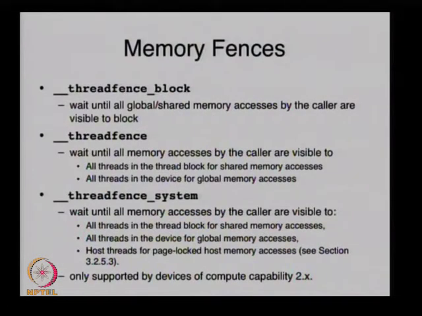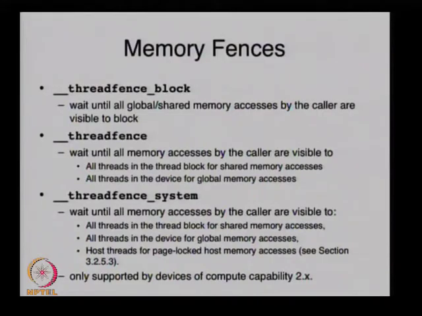And there is thread fence, which is across blocks. Right? When I call thread fence, I am ensuring that anybody else running in the same program, in the same kernel, is going to see this data after I have proceeded beyond the thread fence.